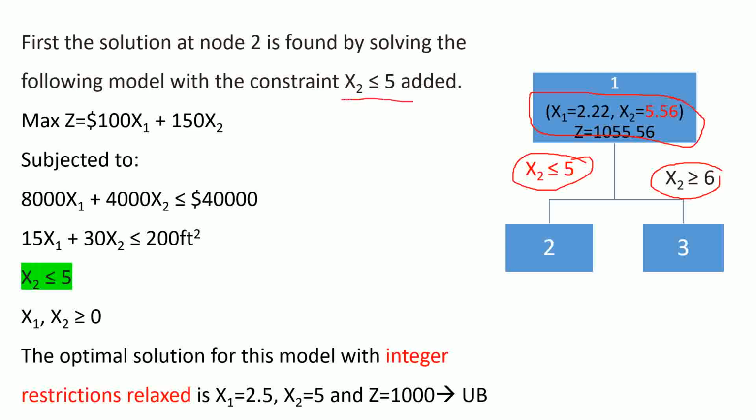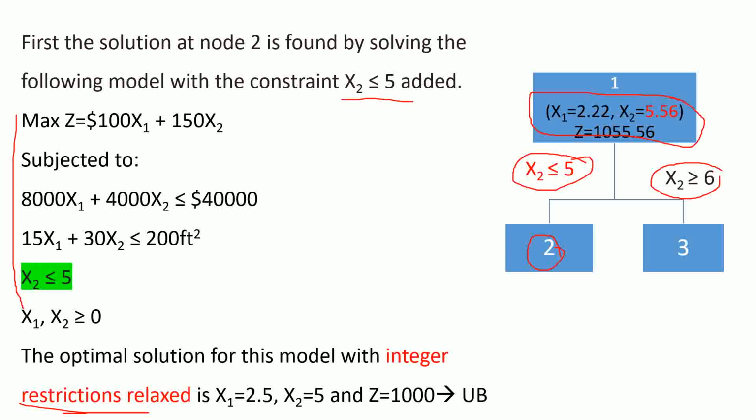Now let's find the solution by adding only one restriction at a time, that is at node 2. When we find the optimal solution for this model with the integer restrictions relaxed, it becomes x1 equals 2.5, x2 equals 5, and z equals 1000.